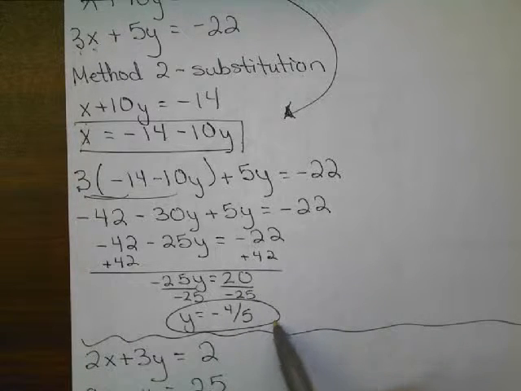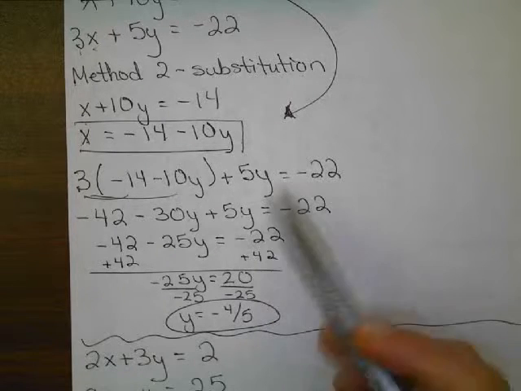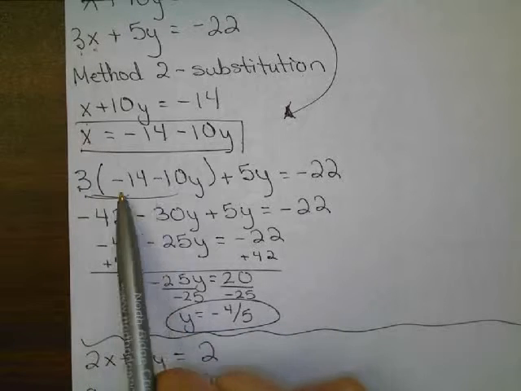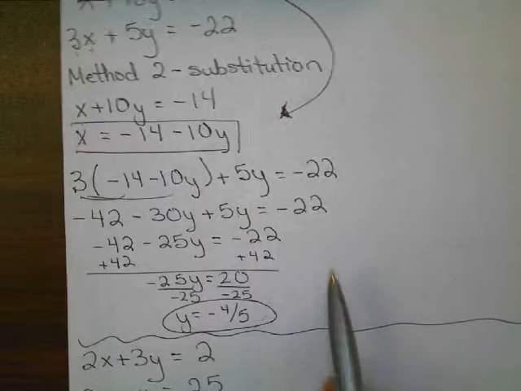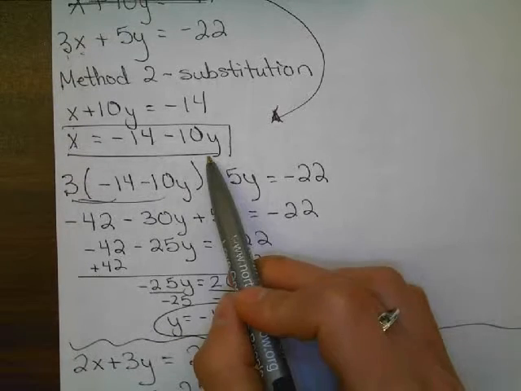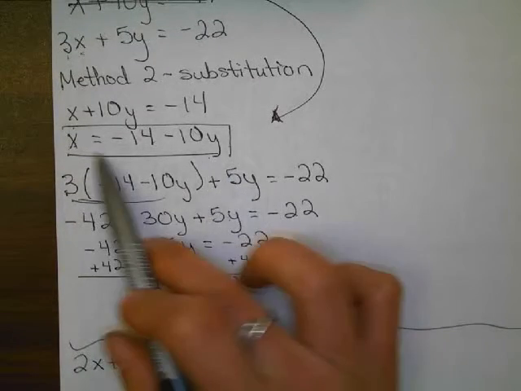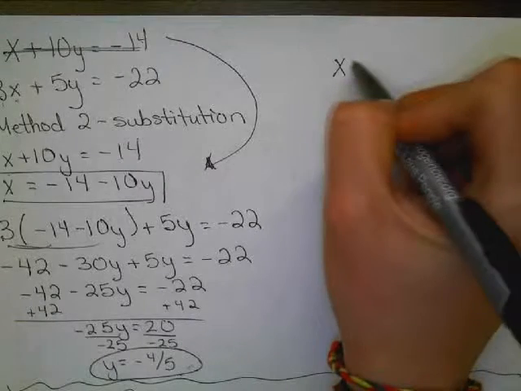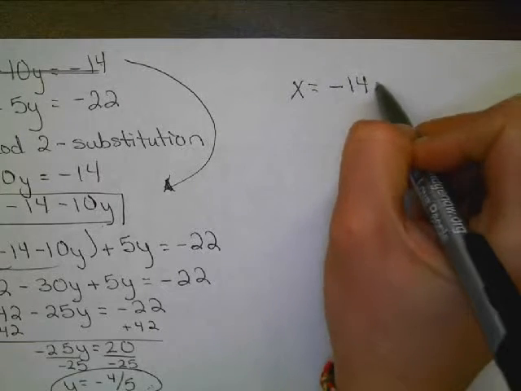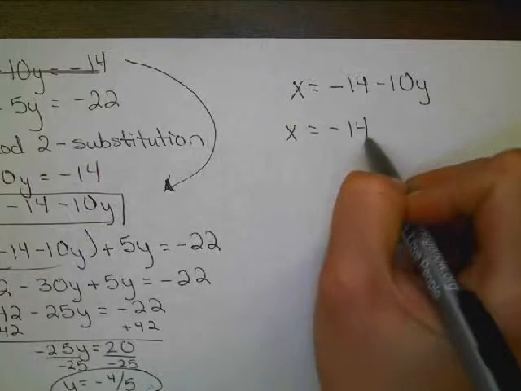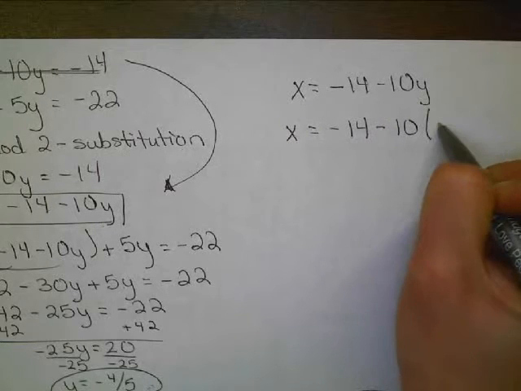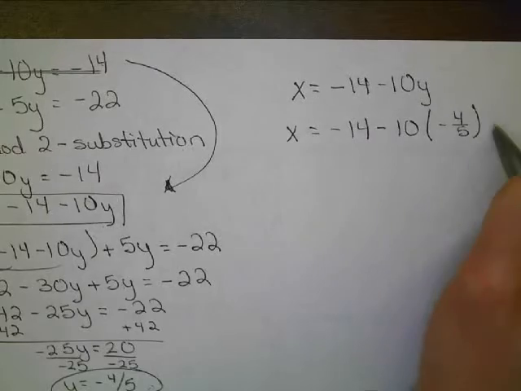Y is negative 4/5. However, since I have a system here, I also need to get x. So I've already substituted x in, and I figured out y. Well, now that I have y, I'm going to substitute it back in to get x. And I know x is what we have here, negative 14 minus 10y. So I'm going to substitute in for y this time negative 4/5.